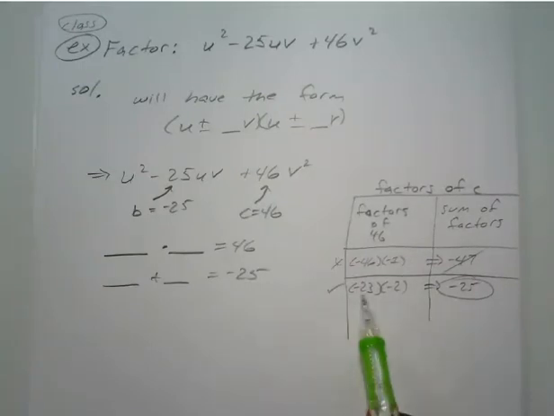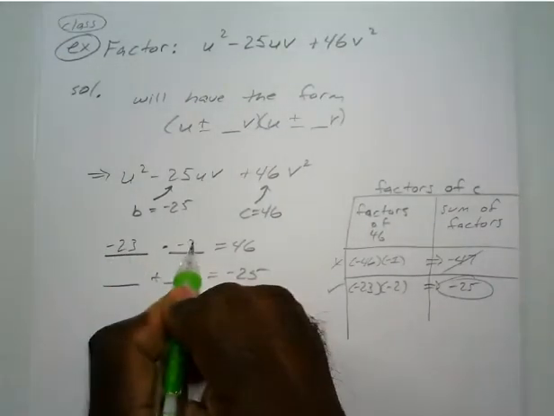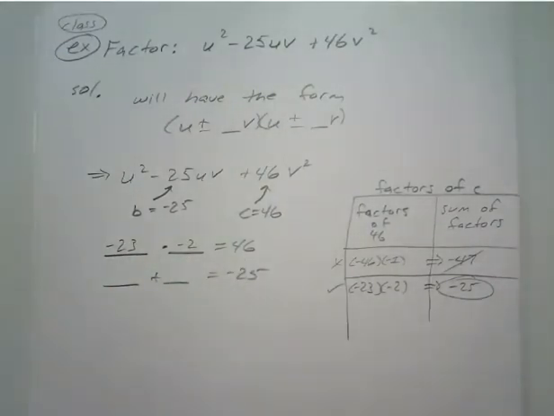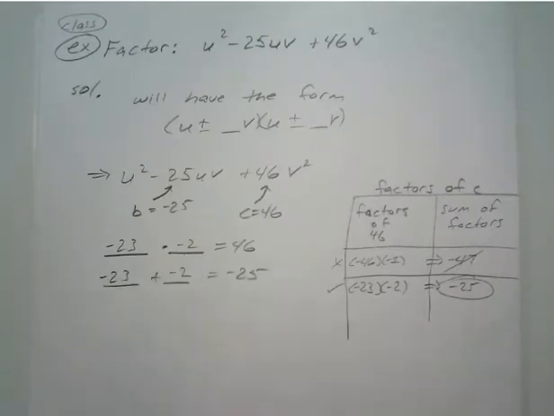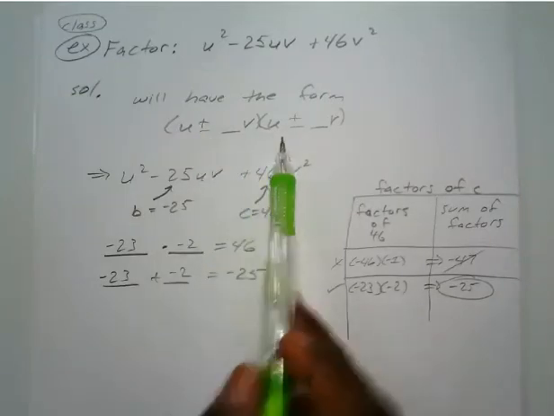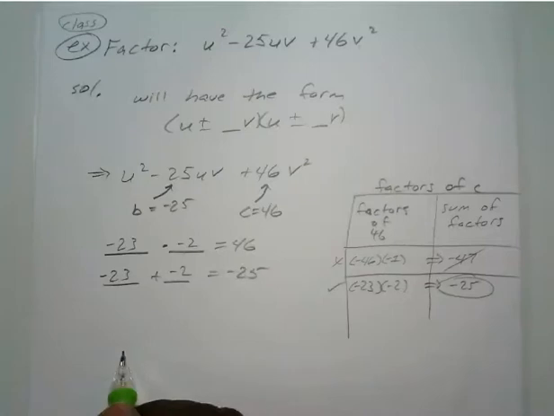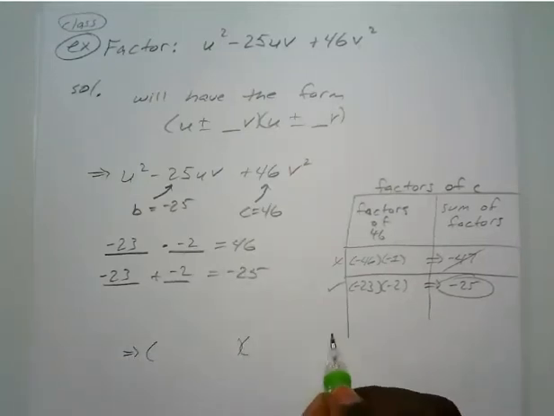Okay, so negative 23 times negative 2 is positive 46, and negative 23 plus negative 2 is negative 25. So again, we know that it's going to be in this form. We go ahead and write our parentheses.